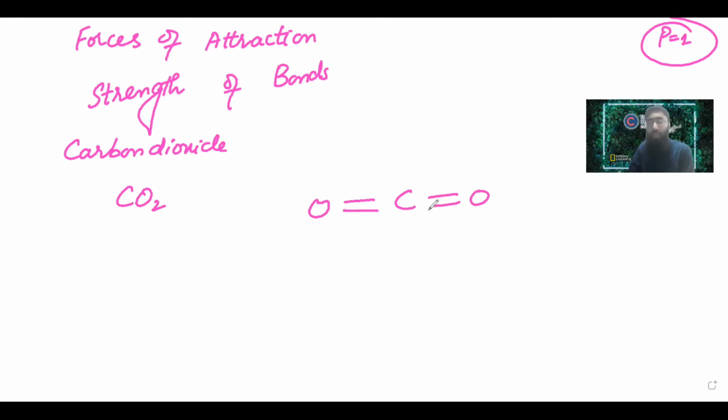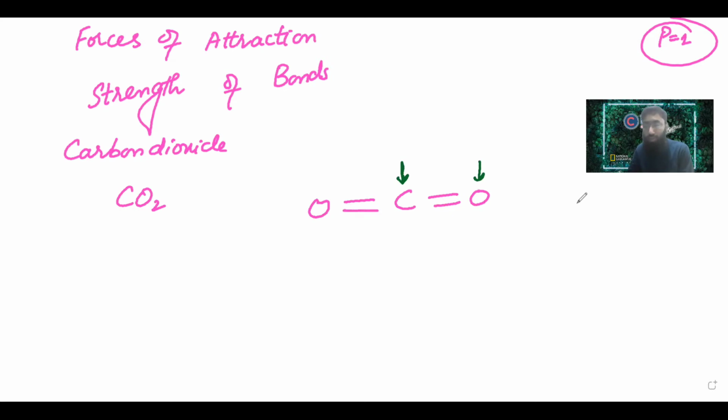Now we have to explain the strength of bond which is present between this carbon atom and this oxygen atom, and compare this strength of bond with another carbon dioxide molecule.